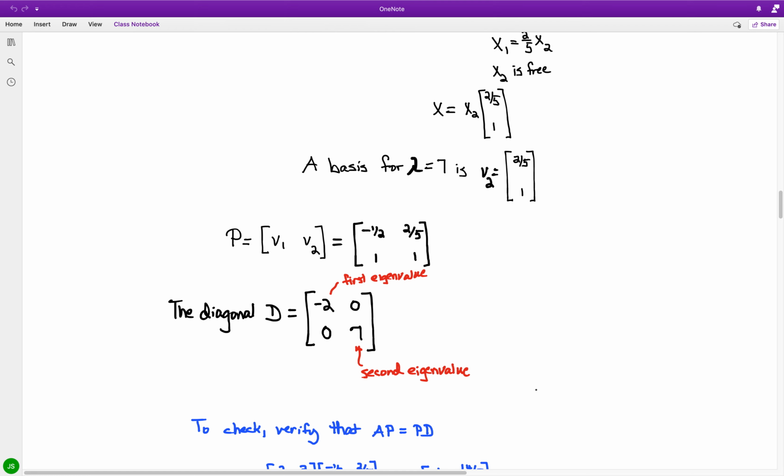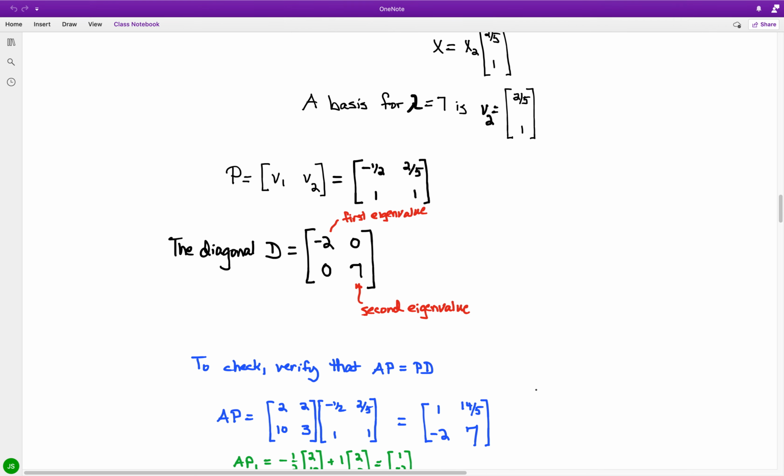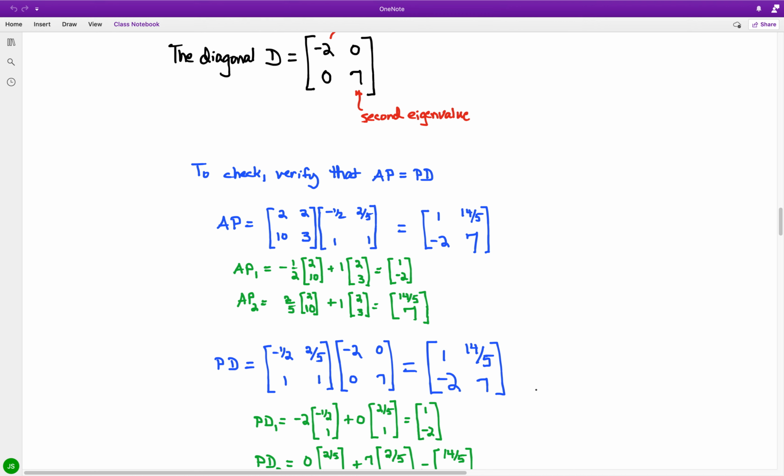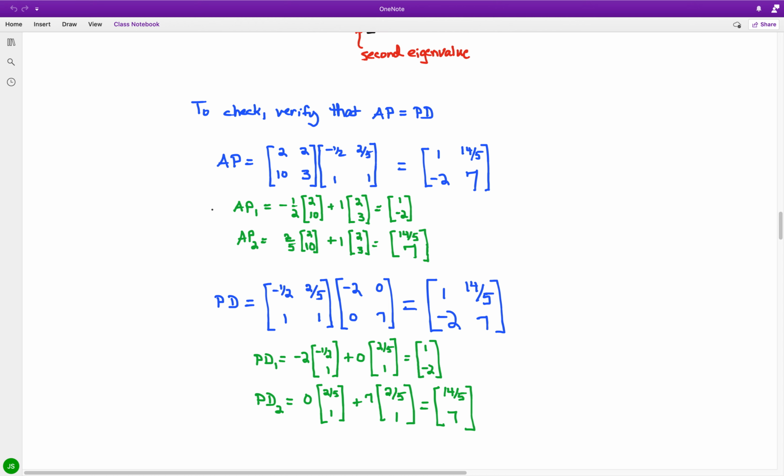And just to mention, you can check by verifying that the product of A and P and the product of P and D will be the same. For A times P, you have AP1, AP2, melded together: 1, -2, 14/5 and 7.